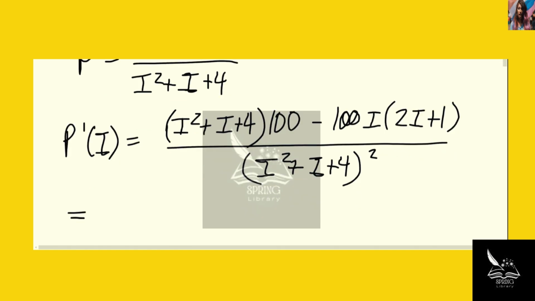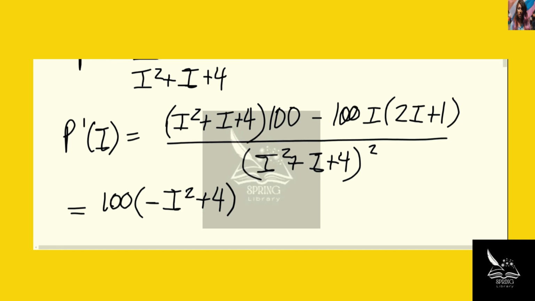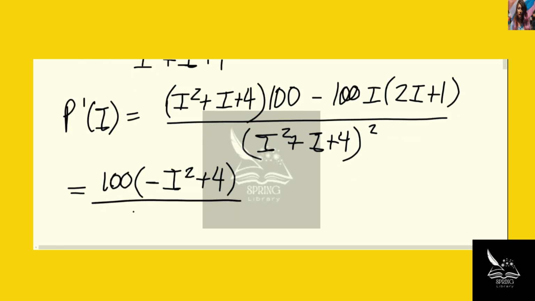Now we can factor out 100 from the top. And so this is equal to 100 times, and then we have I squared minus 2I squared is negative I squared. We have positive I minus I is 0I, and then plus 4, all over I squared plus I plus 4 squared.